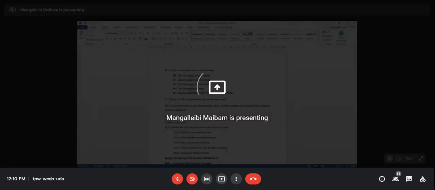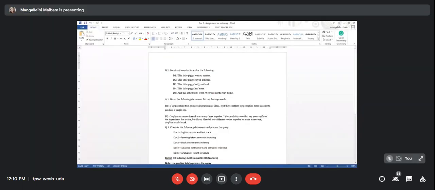Okay, so construct the inverted index for the following. So this one, constructing the inverted index, you can easily do. I do not ask you to remove the stopwords in question number one, so you can keep all the stopwords in question number one. And for question number two, given the following documents, list out the stopwords.